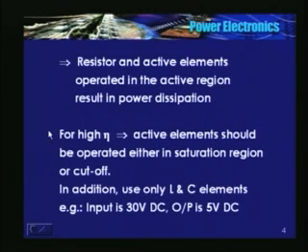Therefore, in order to achieve high efficiency, active elements should be operated either in saturation or in cutoff. When there is cutoff, there is no current, so again the power loss is approximately 0. In addition, you use only L and C elements.